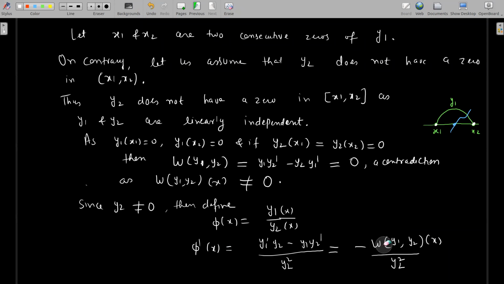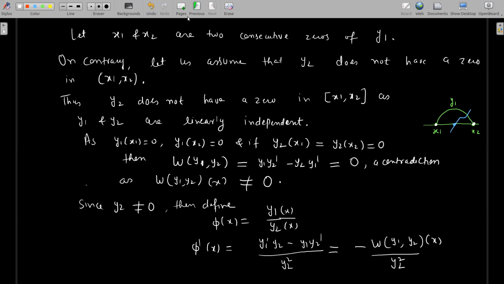Derivative is also well defined, and if you put x equal to x1 then phi x1, क्योंकि y1 zero है तो phi x1 zero है, phi x2 zero है. A function is continuous, derivative exists in that interval, and phi x1 equal to phi x2 equals 0, then I can apply Rolle's theorem.